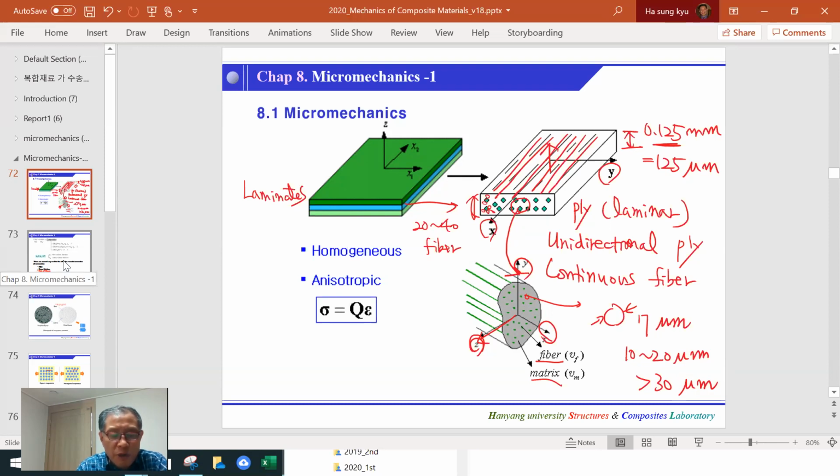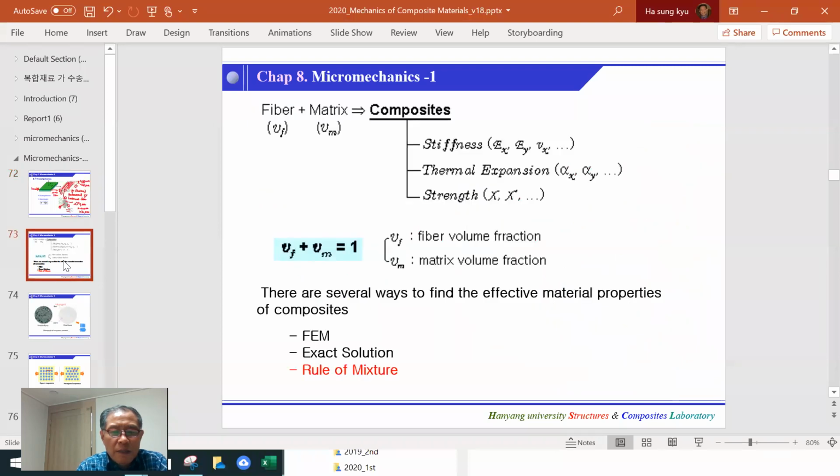This is just a repeat of the micromechanics problem statement. The main purpose of this section is to go through micromechanics again using simpler models, as I assigned in the last homework, using a simple rule of mixtures.